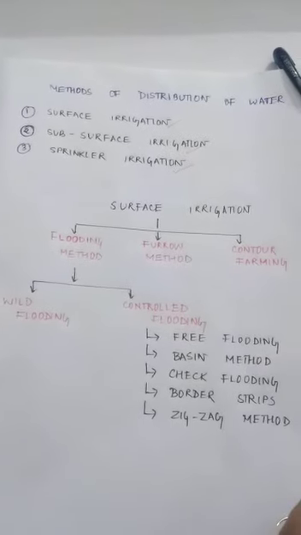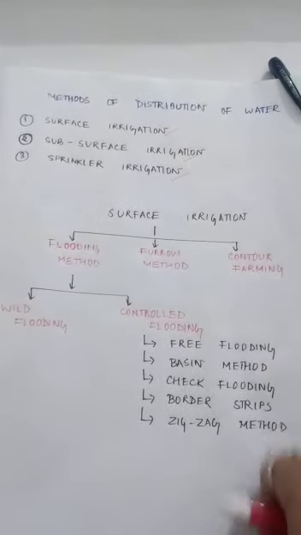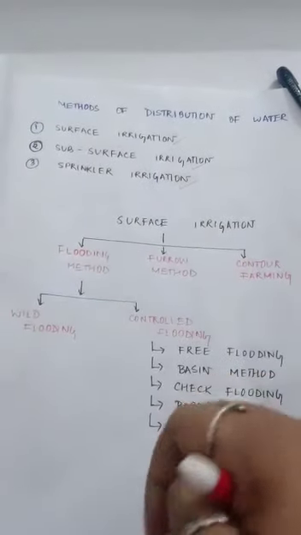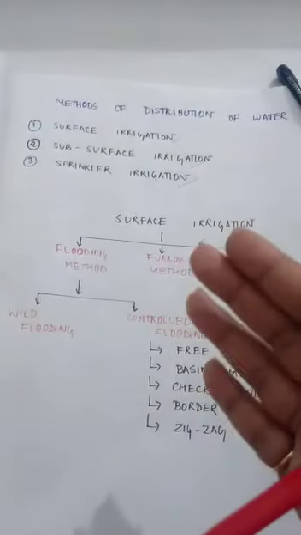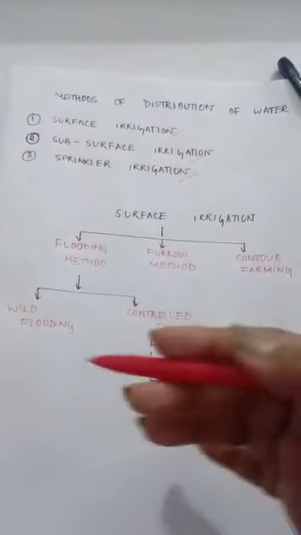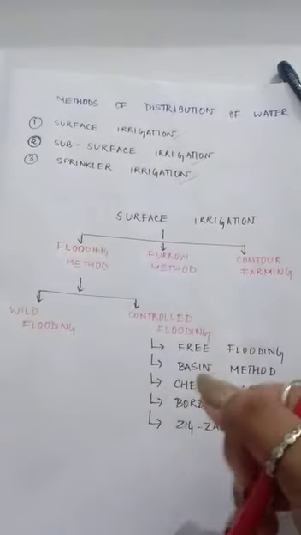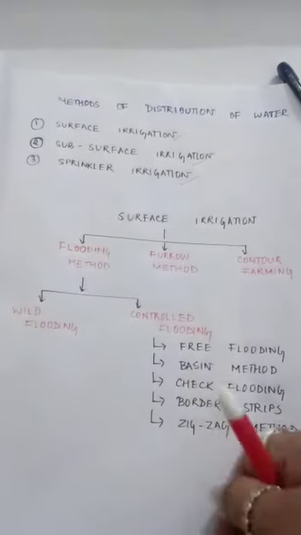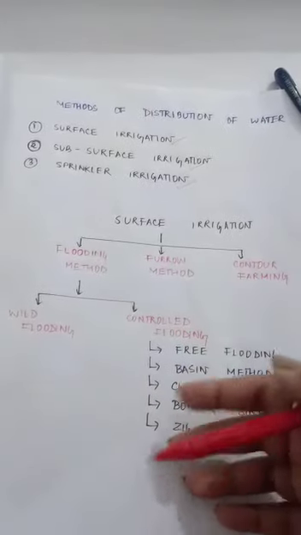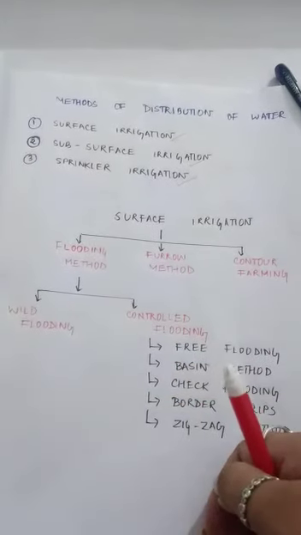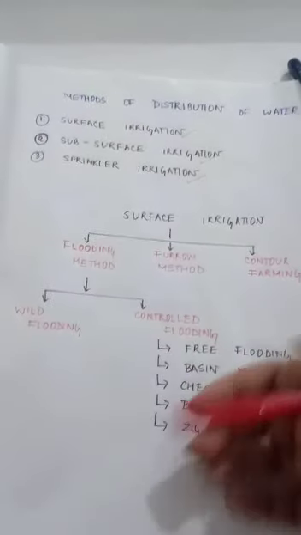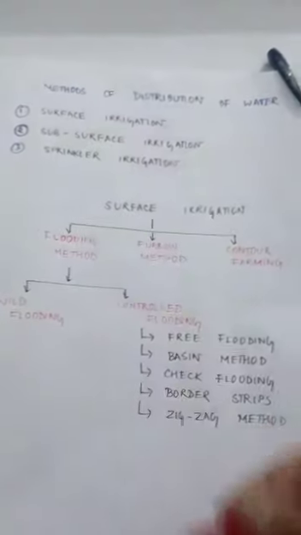The definition can be: surface irrigation is where the water is applied and distributed over the soil surface by gravity. Water is distributed to the crops on the surface of the soil. That is surface irrigation. This is the most common form of irrigation, and it is practiced throughout the world. That is the importance of surface irrigation.